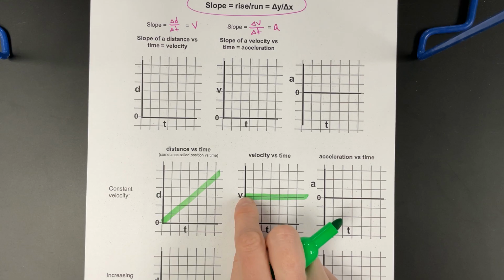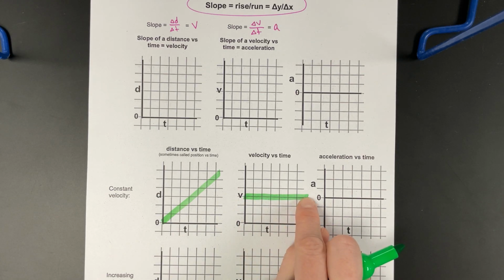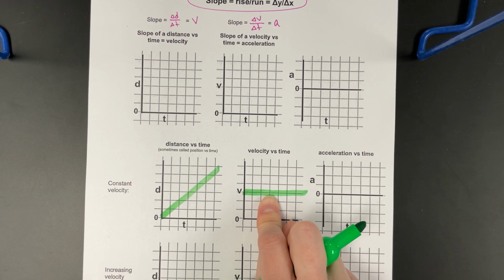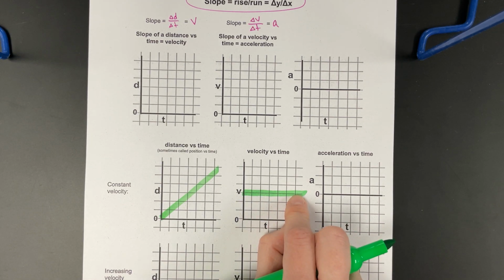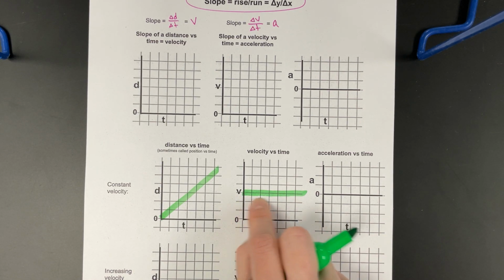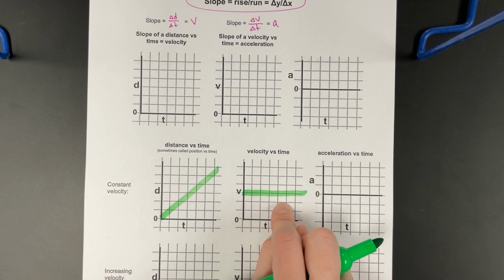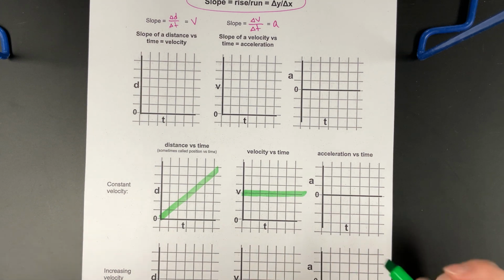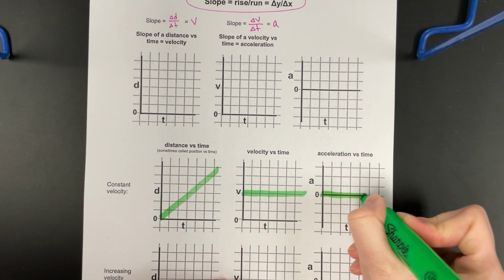Well, we see that right here, that the velocity or speed isn't changing. What's the slope of this line right here? 0. Well, if the velocity isn't changing, change in velocity is 0, what's the acceleration? 0. So then the acceleration is going to be 0.